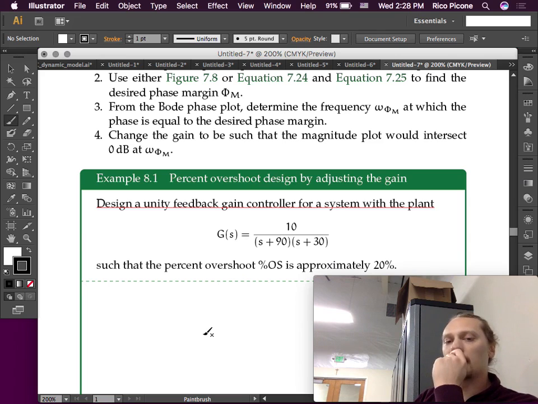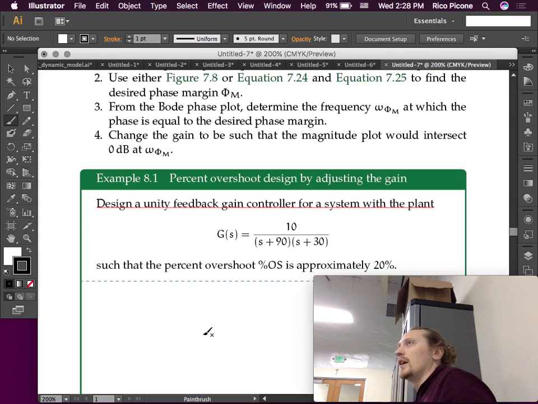And so we have a gain of 10, right? Well, there are a couple different things here. If you want to talk about the DC gain of a system, that's the gain at zero frequency, if you just had a constant input, and you find that by just setting s to 0. So the gain for this system when s is 0 is actually 10 divided by 90 times 30.